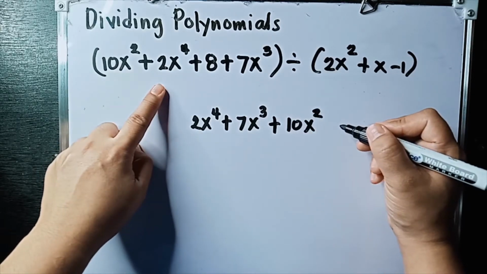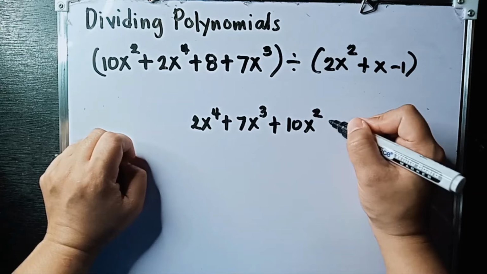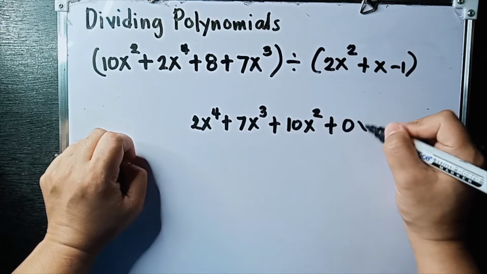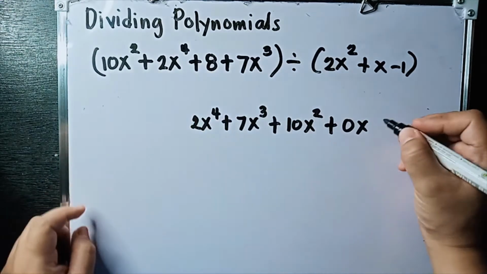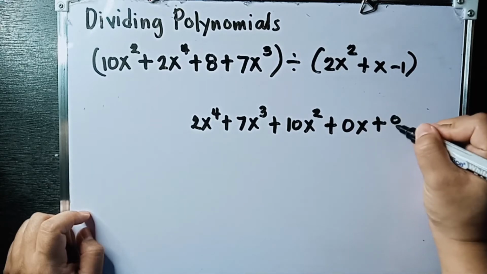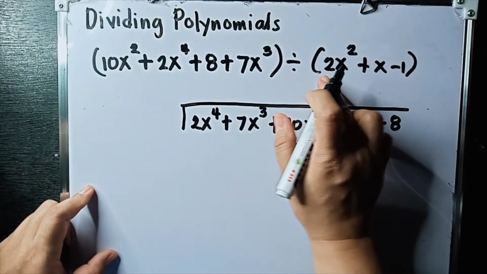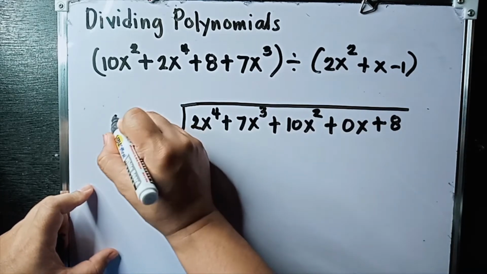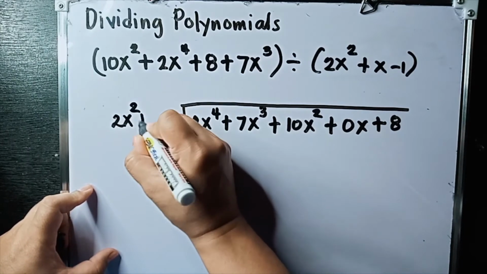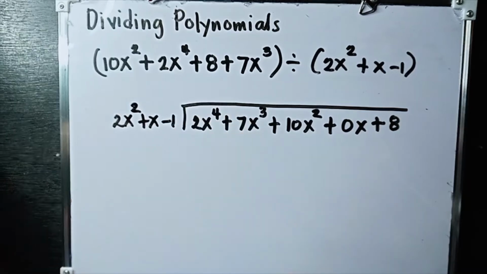Since we don't have our linear term, or the x term, we have plus 0x. And then lastly, we have our constant term, plus 8. Divided by our divisor, which is 2x squared plus x minus 1.